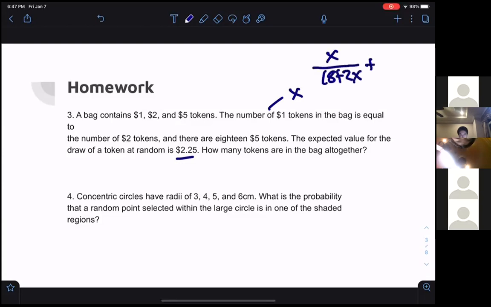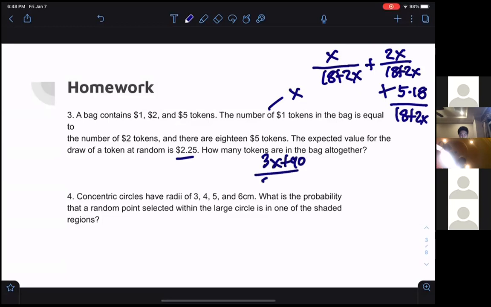For $2 tokens, that would be 2 times X over 18 plus 2X. Plus 5 times 18 over 18 plus 2X, which gives our final fraction as 3X plus 90 over 2X plus 18. And we say that this is equal to 2.25, which is equal to 9 over 4, really. See, we can cancel 3.